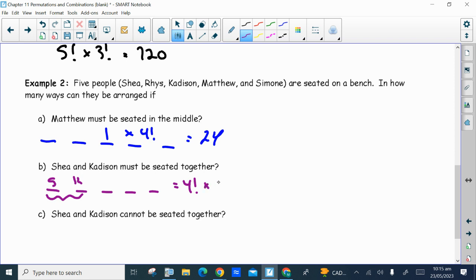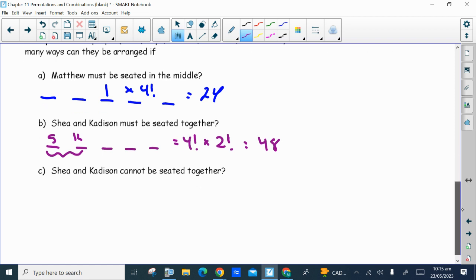However, we need to multiply by 2 factorial as well, which represents the ways that Shay and Caddison can be arranged amongst themselves. 2 ways, Shay first, Caddison second, or Caddison first, Shay second. 2 factorial is 2. So it's 4 factorial, which is 24, times 2 factorial gives us 48 different ways.